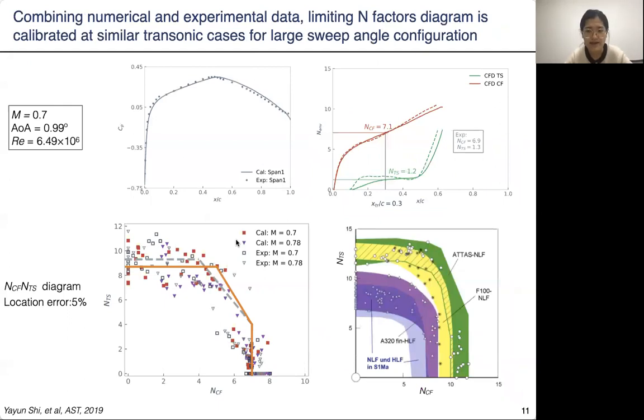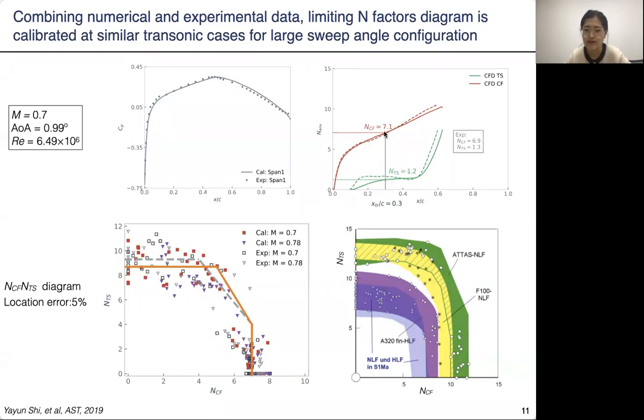Then I started to calibrate the critical N factor. For each case, we can get the amplification factor by using the CP by simulation of the experimental data.